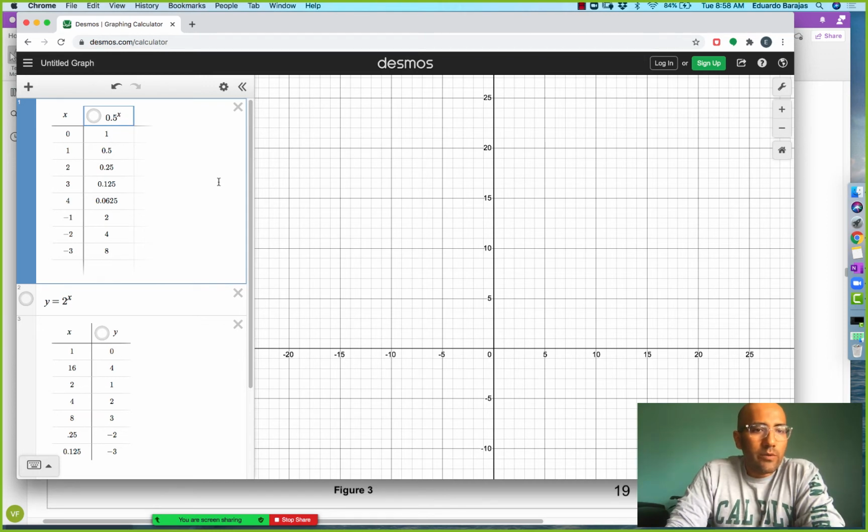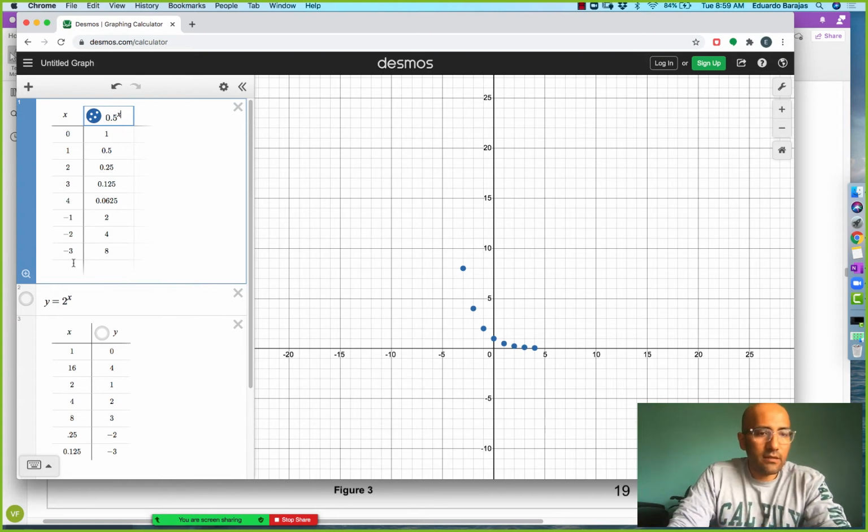Okay, so when we want to have 1/2 to the power of x, 1/2 to the power of 0 is still 1. 1/2 to the power of 1 is just 1/2. 1/2 to the power of 2 is 1/2 times 1/2, which is 1/4, which is equal to 0.25. So that's where we get all these points, and we start to see the general shape of an exponential function that has a base value between 0 and 1.